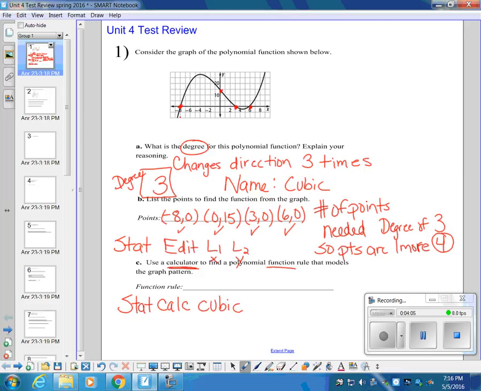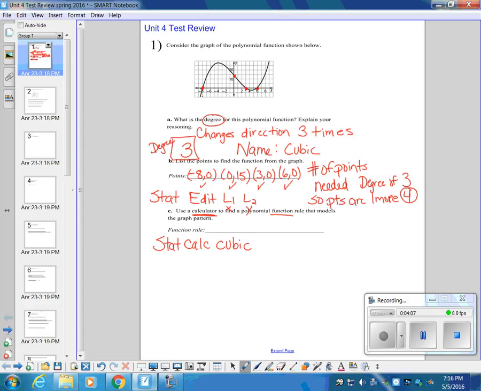And it will give you your function rule, which is, and I'm going to use decimals, 0.10 x cubed minus 0.10 x squared minus 5.625 x plus 15.